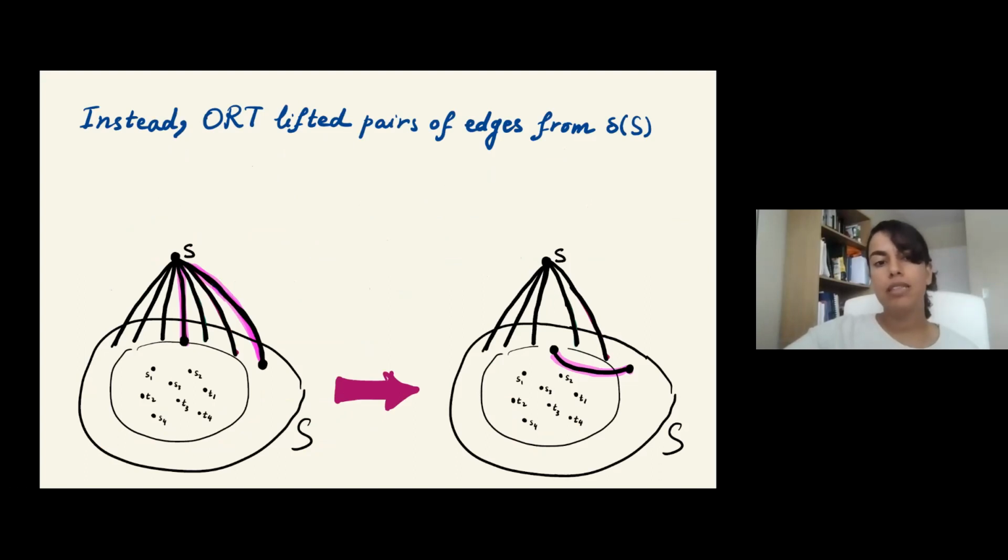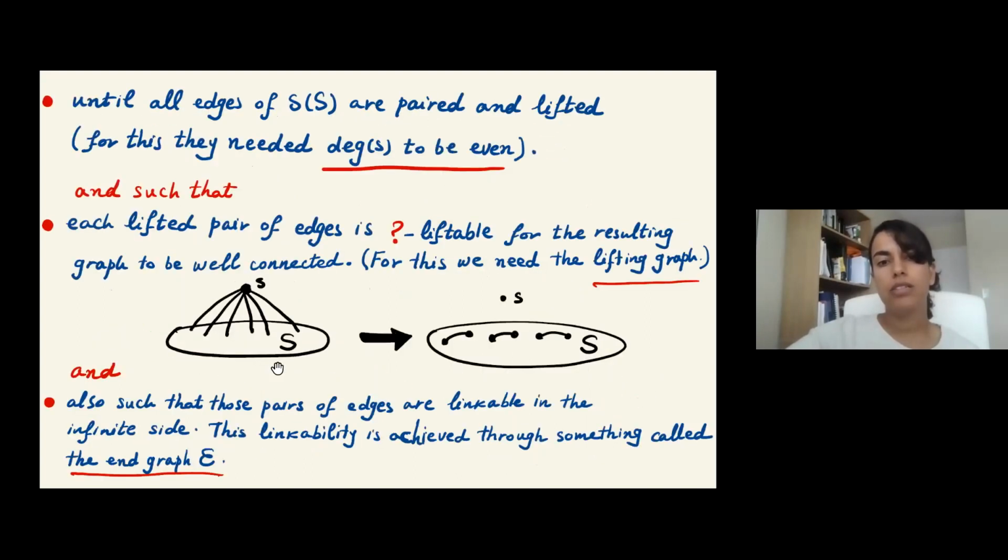So what they did is successive lifting of pairs of edges until all the edges were lifted, and for this they needed the degree of S to be even. And also, as I said, they didn't just lift any pairs of edges, but ones that keep good connectivity for the finite graph that resulted from contraction. And also they wanted those pairs of edges to be linkable on the infinite side.